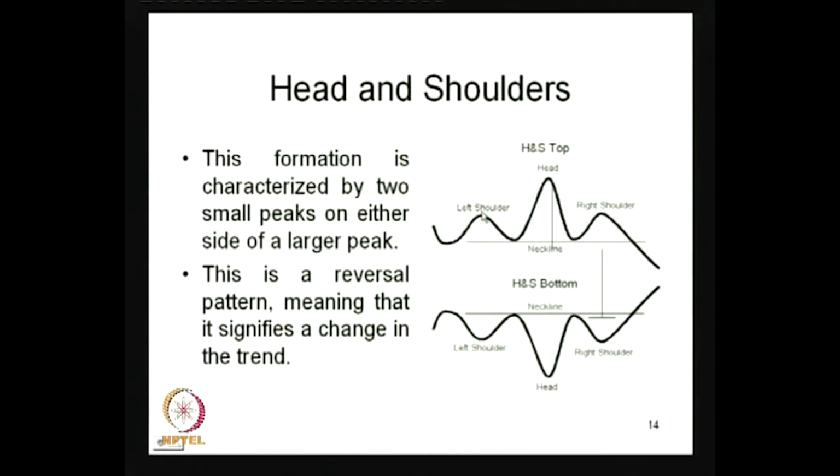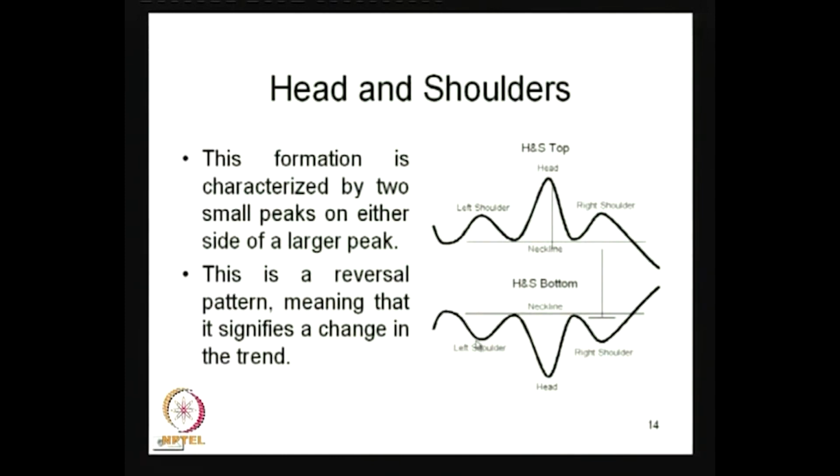Whenever we see a price pattern with a left shoulder, a right shoulder, and in between a head on top, we can conclude that a reversal pattern will prevail. But here it is just the opposite.